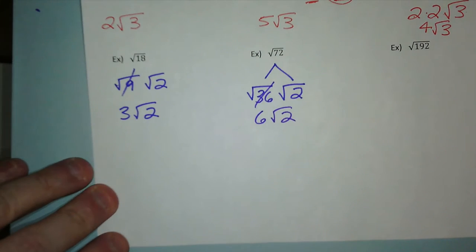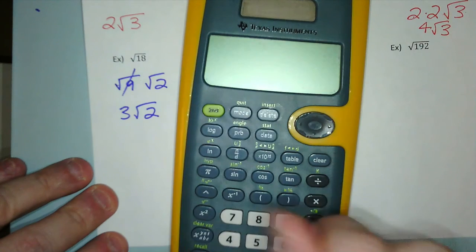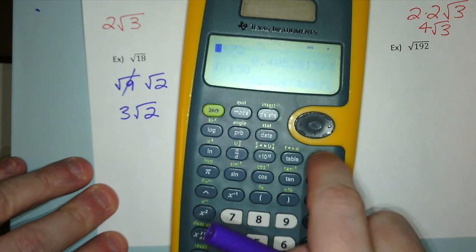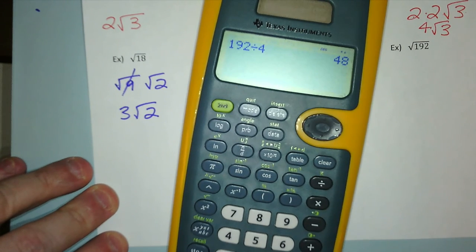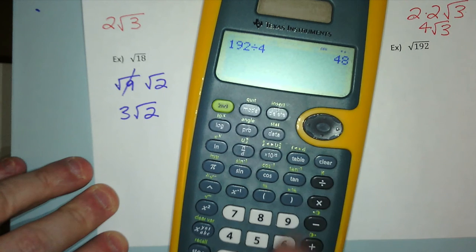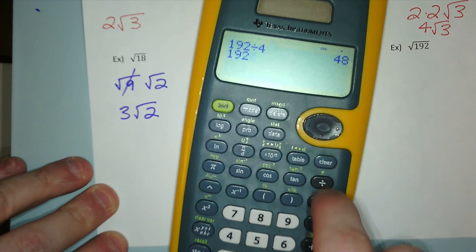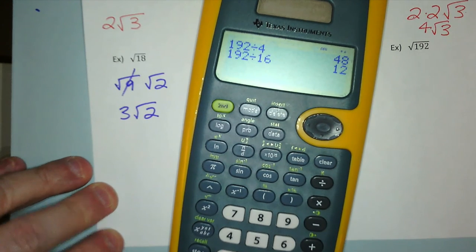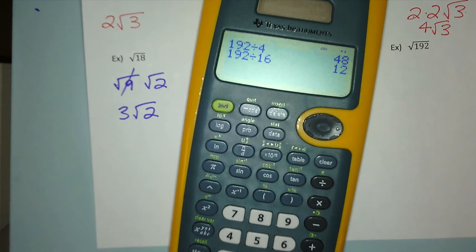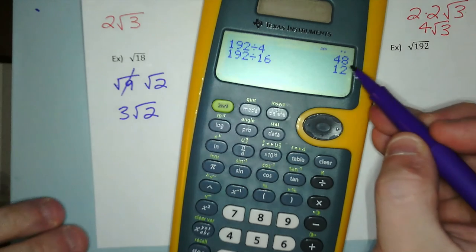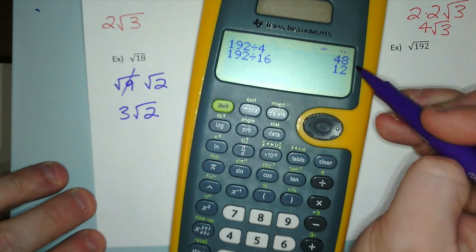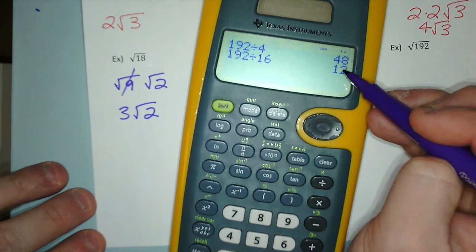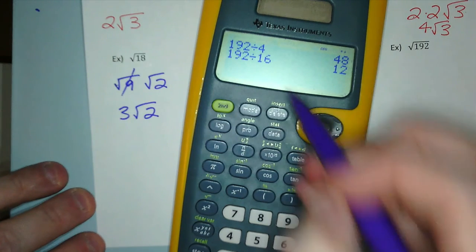Ooh, the square root of 192? Man. See, I'm not above grabbing a calculator. 192 divided by 4? Okay, so 4 is going to work, but I have a feeling there's something bigger. Okay, 16. But I think there's something bigger, because if it was 16 times 12, there's another perfect square in 12, so I feel like 16 is not the biggest one.